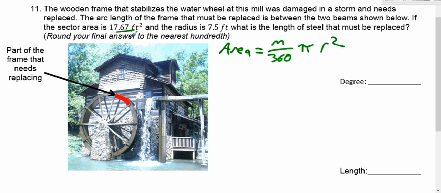The area is 17.67. The measure of the angle, we don't know, so we're going to leave that as m. Pi, we're going to use 3.14. The radius is 7.5, and we need to square that.